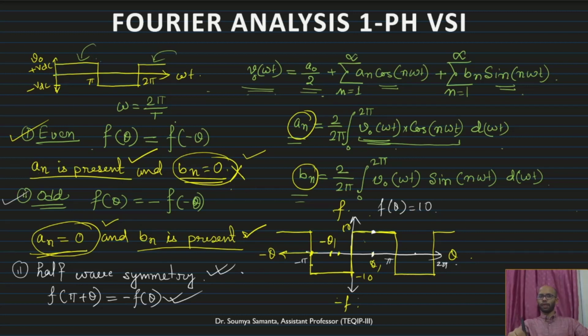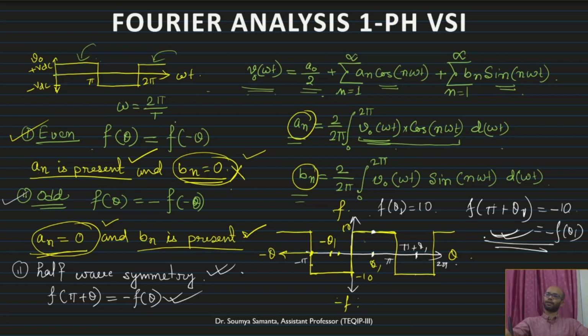Now if I go a distance of pi, we get pi plus theta 1. What is the value at pi plus theta 1? That is equal to minus 10. So f of pi plus theta 1 equals minus 10, which is equal to minus of f of theta 1. So this condition is satisfied for this waveform. Therefore we can say that this is also half wave symmetry.